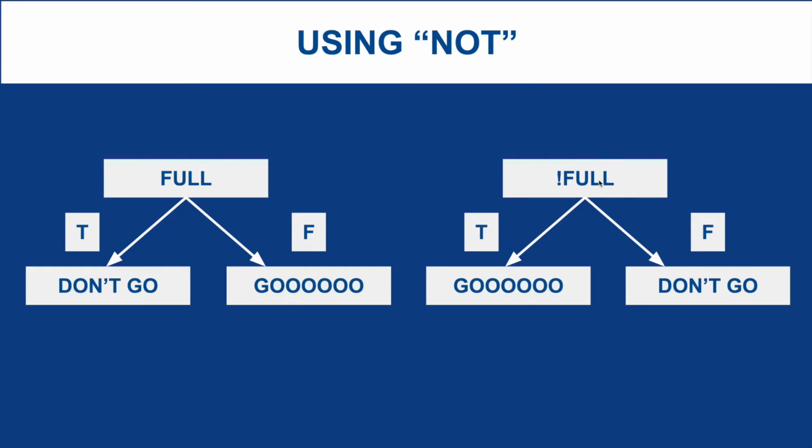But now let's say the value that comes in is actually false. Well, the opposite of false is true. So now we go. So it's actually just a different way of formulating the exact same thing that we see over here. This is something that we use a lot in programming, actually. Negation is something that we use all of the time.